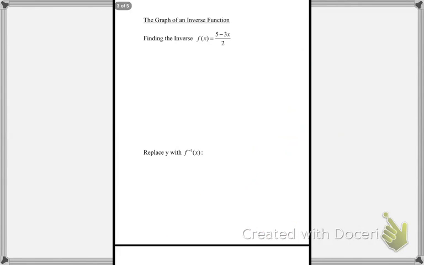In finding the inverse function, we substitute the f of x for y, and we interchange the y and the x. And solve for the new y. You can cross multiply this, add 5, or subtract 5, subtract 5.